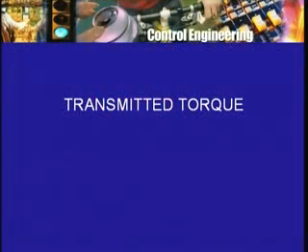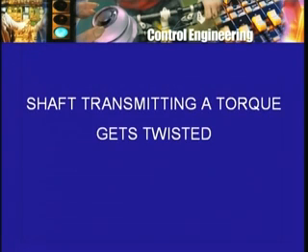and some of you may have been exposed to a little bit of mechanical engineering to realize that when a shaft like this one transmits a torque, that is, one end of it is the motor and the electromagnetic effect is pushing the thing round, and at the other end is the load which is opposing this motion, a torque therefore is being transmitted in a shaft.